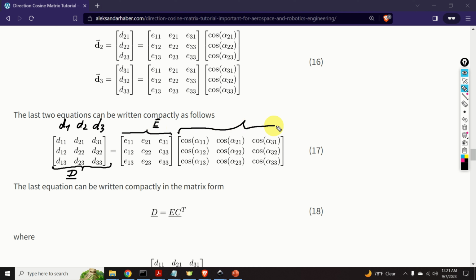However, what is this matrix? It is easy to see that this matrix is actually C transpose. That is, this matrix is equal to the transpose of our direction cosine matrix, and consequently the equation 17 can be written like this.